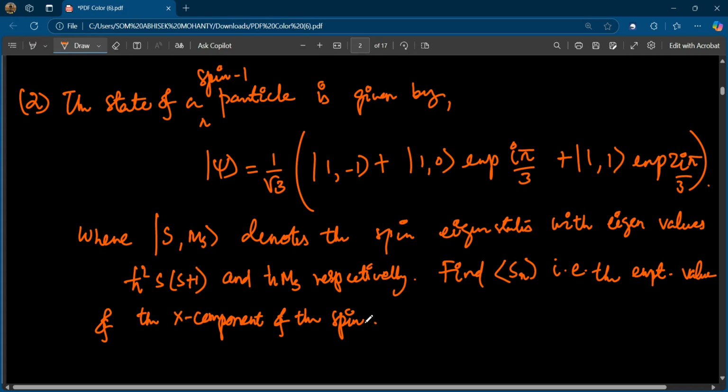Okay, the state of a spin 1 particle is given by psi is equal to 1 by root 3 [|1,-1> + |1,0> exponential i pi by 3 + |1,1> exponential 2i pi by 3], where |s, ms> denote the spin eigenstates with eigenvalues h cut square s into (s plus 1) and h cut ms respectively. Find Sx, that is the expectation value of the x component of the spin. Okay, let's try this question.